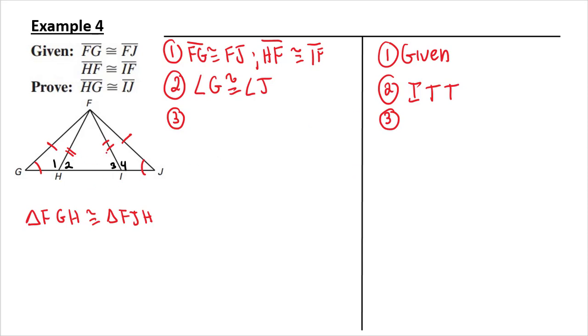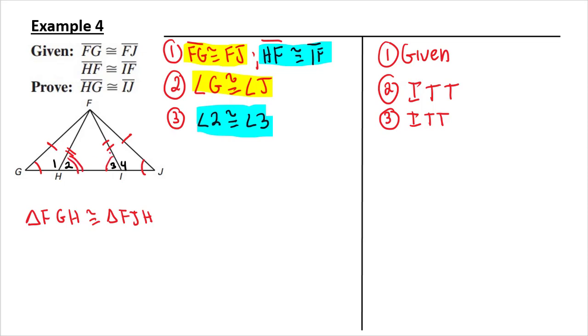Okay. I used this part of the given to write this statement. I'm now going to use this part of the given to write another statement. I'm going to say angle 2 is congruent to angle 3, also by ITT. I'll highlight this so you see. Now let me explain my thinking here.